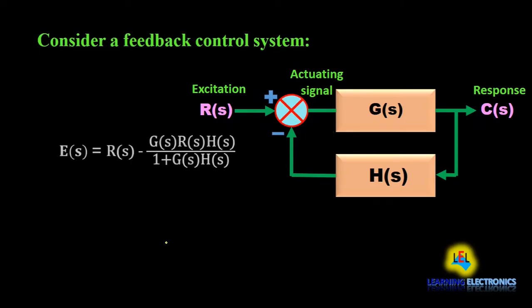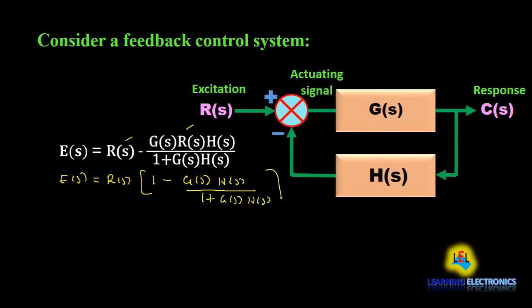So we get E(s) is equal to R(s) minus G(s)R(s)H(s), whole divided by 1 plus G(s)H(s). Now we take R(s) common, so we get E(s) is equal to R(s) multiplied by 1 minus G(s)H(s), divided by 1 plus G(s)H(s).